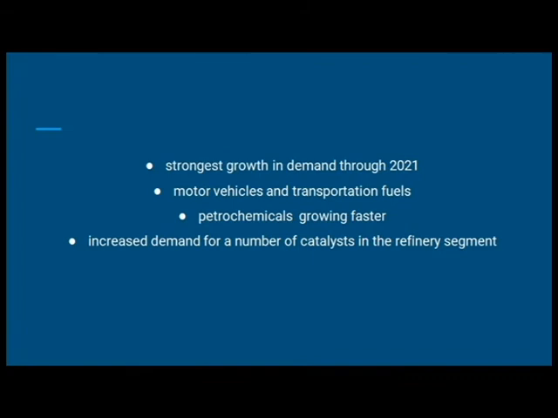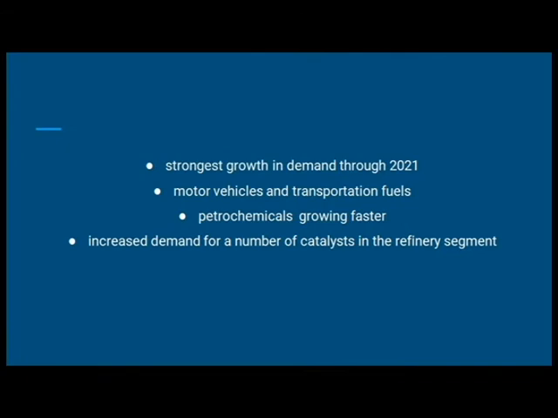It is expected that the strongest growth in demand will be through 2021, as rising incomes will drive demand for more motor vehicles and transportation fuel, and hence will result in fast-growing industrial chemical production, particularly in petrochemicals. This growth will be reflected in increased demand for a number of catalysts used in the refinery segment, such as for catalytic cracking and hydroprocessing.